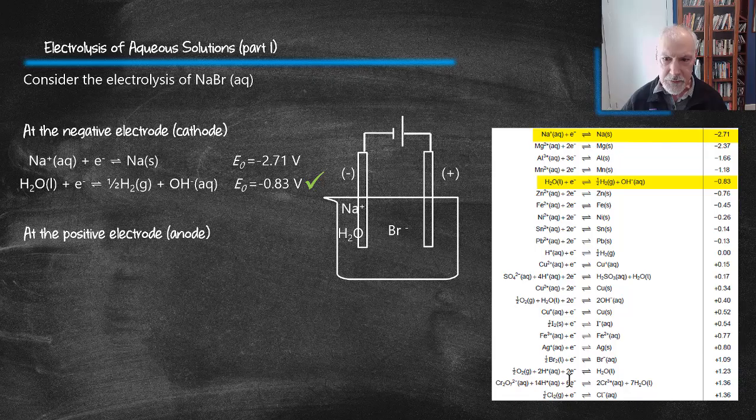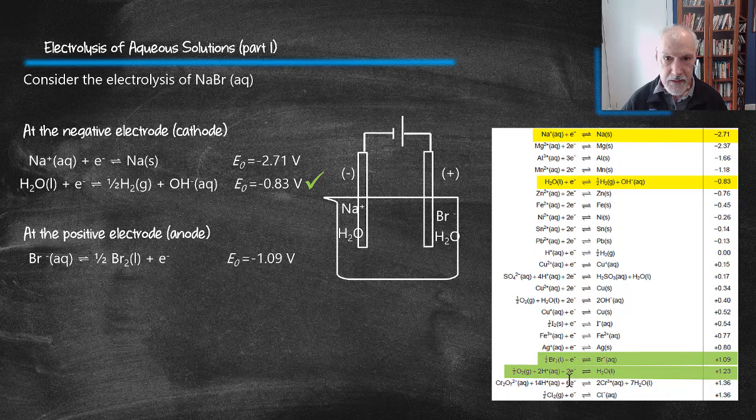At the positive electrode, our bromide would migrate because it has a negative charge, and our ever-present water. I identify the reactions for these losing electrons, hence the reverse direction. And these I've shown in the green down below. I'm going to write out those reactions now. However, I'm going to reverse them.